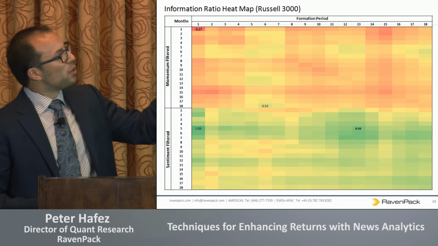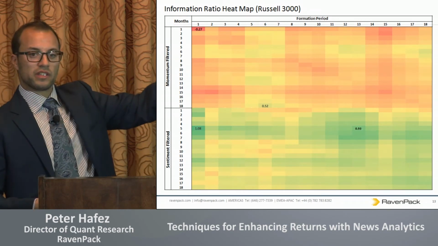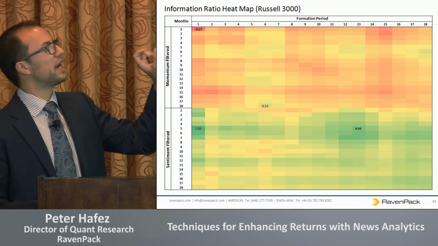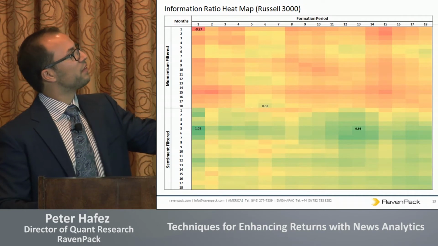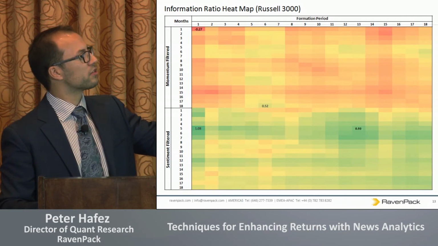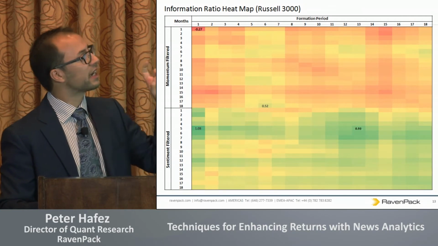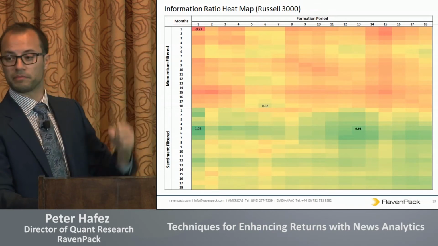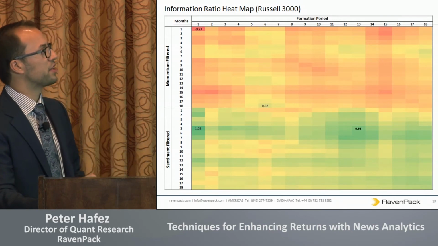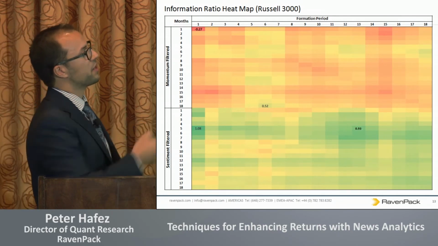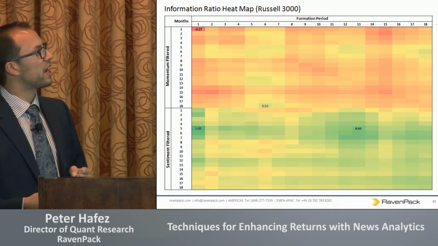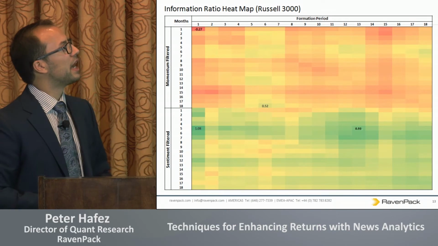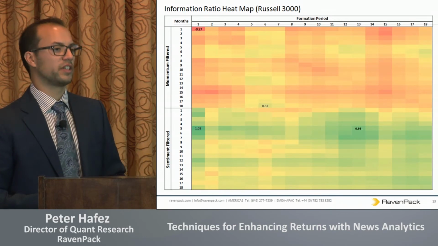And what we find is that most of the green parts tend to be in the sentiment-filtered momentum area. So it looks as if, first of all, sentiment adds value, and secondly, it's more consistent across the different formation periods as compared to momentum. And you get higher information ratio out of it. In fact, the highest information ratio we get for a sentiment-filtered momentum strategy is slightly above 1, which is about twice as high as the highest we get from a momentum-filtered momentum strategy.